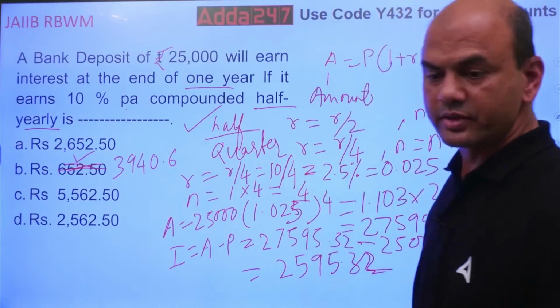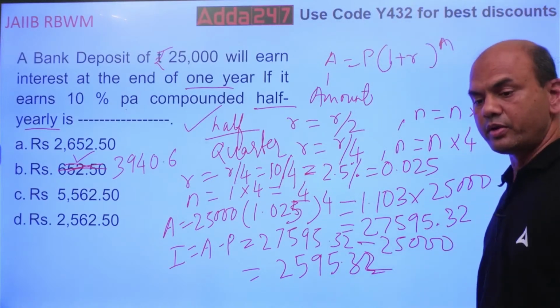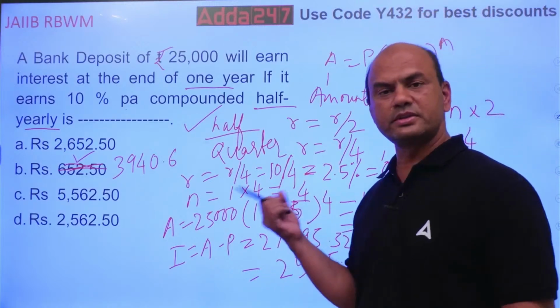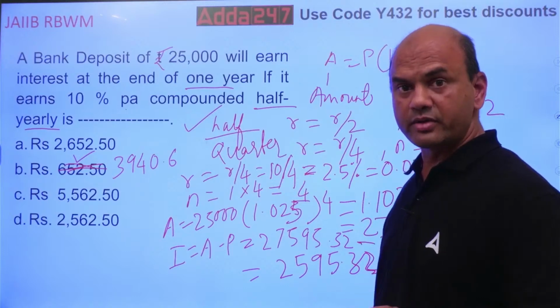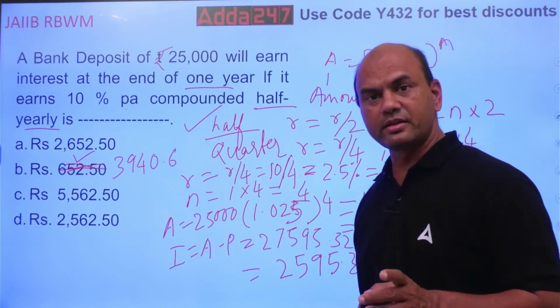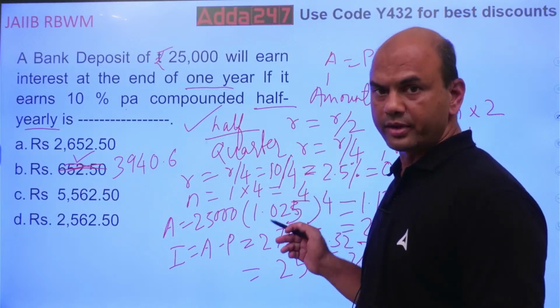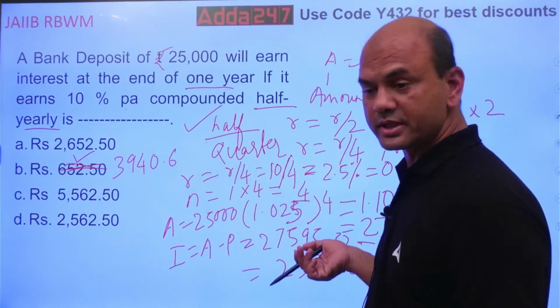So this is the answer you are getting for quarterly. If you are doing it quarterly, it is this. And for yearly, it was the earlier one. Got it, everyone? Getting the concept clear is very important.